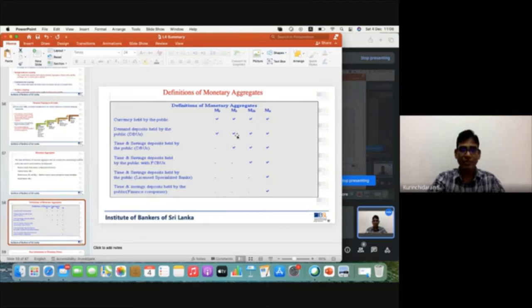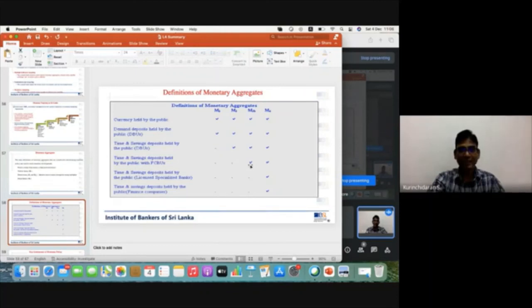M2 is M1 plus time and savings deposits held by the public. That's DBU, the domestic banking unit, we always talk about. And M2B is M2 plus time and savings deposits held by the public with FCBU. It's all public, right?